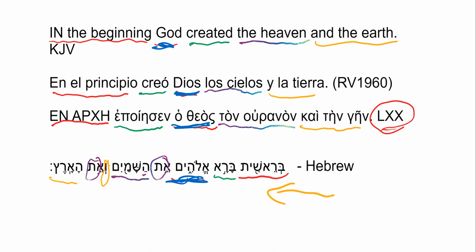They do the same thing in the Septuagint. This ha and the os ending of theos tells us that theos is the subject. He made is the verb. And so by putting created before God, we're not saying he created God. It's just that languages are different this way. And that's why you must change words. And yet, there's no such thing as a word for word translation, and yet the meaning carries over.